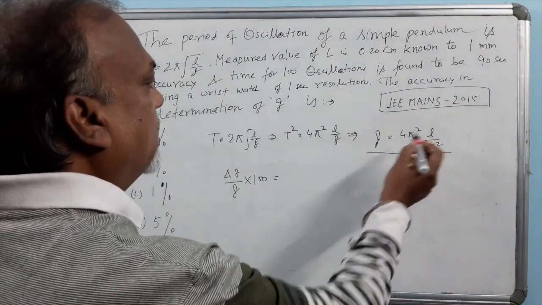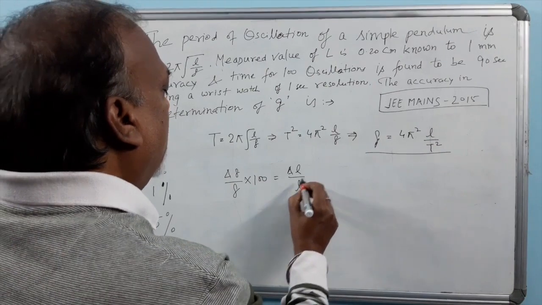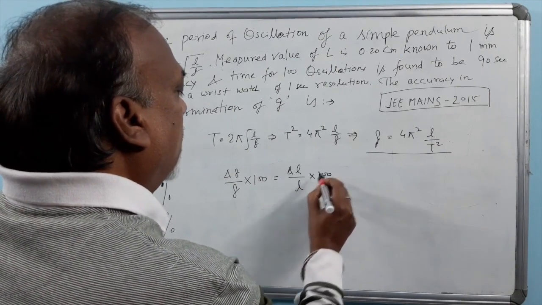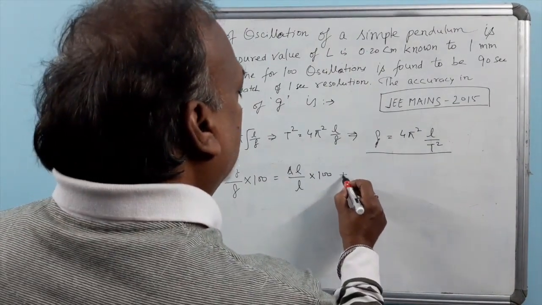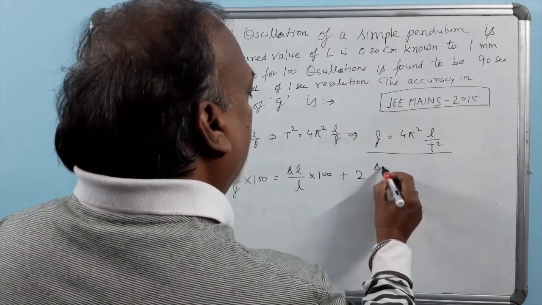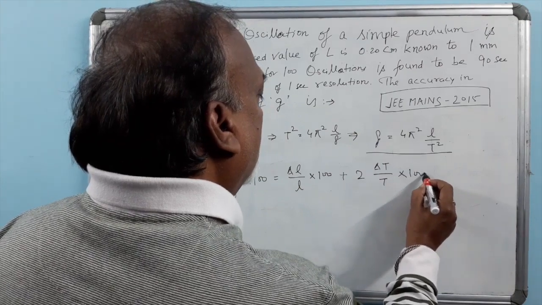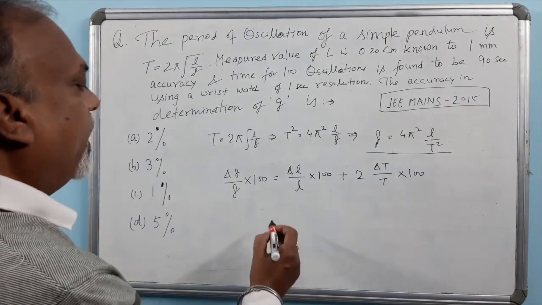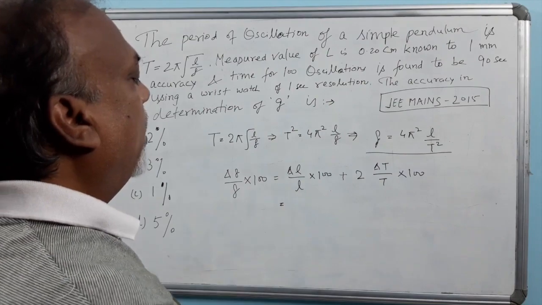This is (Δg/g) × 100 = (ΔL/L) × 100 + 2(ΔT/T) × 100. Got it? Here ΔL/L, what is ΔL?